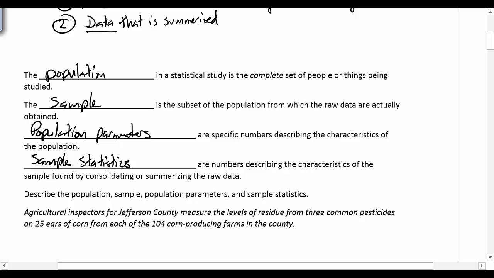Now, one interesting thing to note, whenever you hear the word parameter, you want to think about population. Population, parameter. And sample statistics both have S's. So when you hear those two words used, just remember, sample refers to statistics, population refers to parameters.